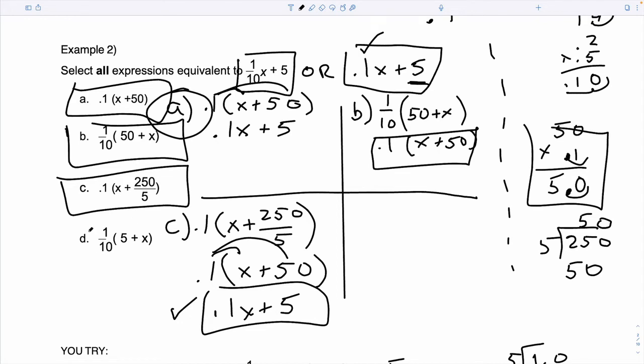The last one, I'm looking at this and automatically I'm crossing it out. Why can I cross out D without doing any of the math? Keely, what do you think? Compare D with B. What do you notice?